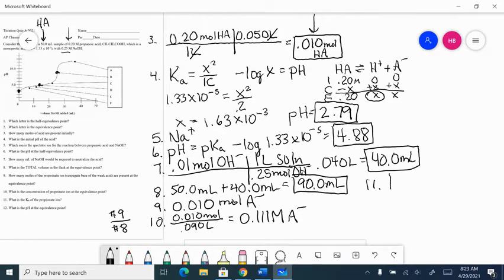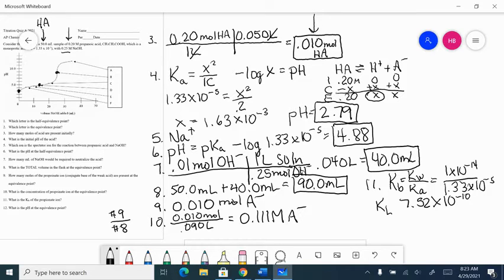Remember, KB is KW over KA, to give me 7.52 times 10 to the minus 10.